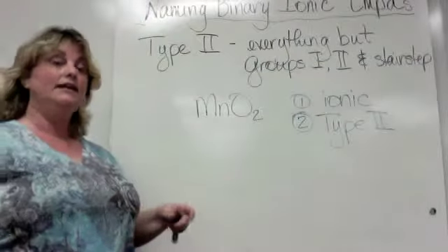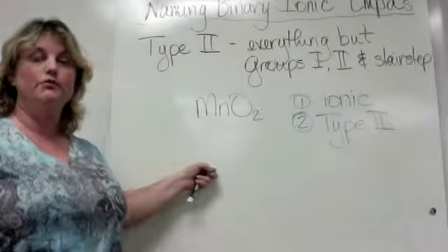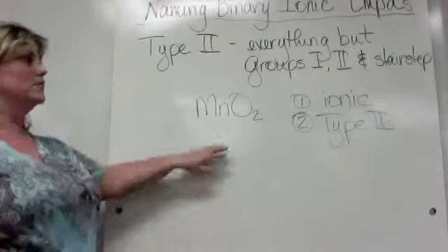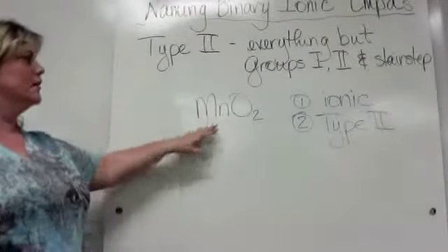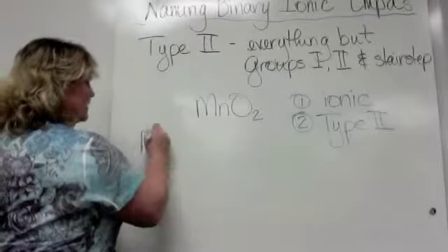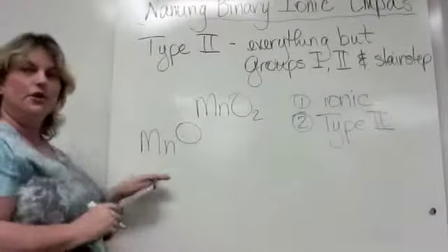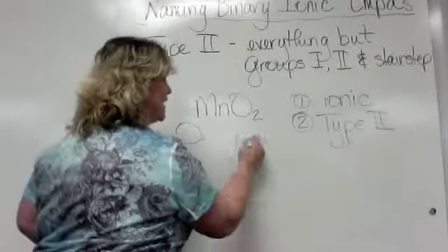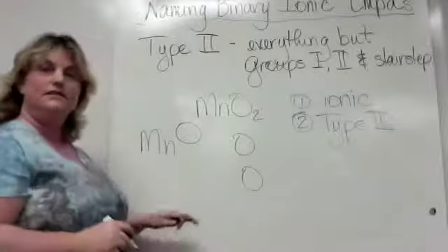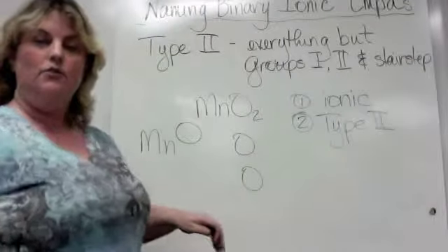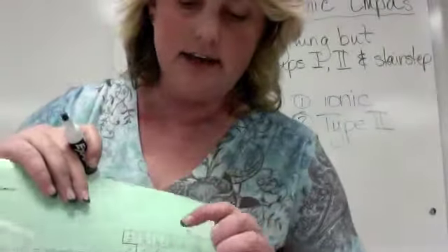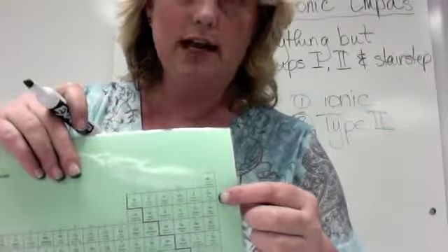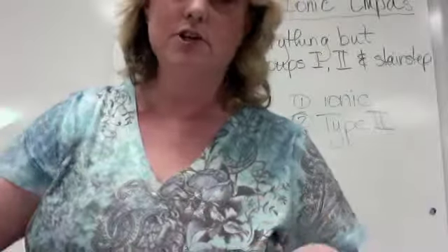Remember that what that means is I have to have Roman numerals in the name of the compound. So, we have to figure out what the charge is. Well, again, I have manganese with this unknown charge, but I have 2 of these oxides. And what is the charge on an oxide? Well, oxide is right here, so we're going to gain 2 electrons, giving it a -2 charge.